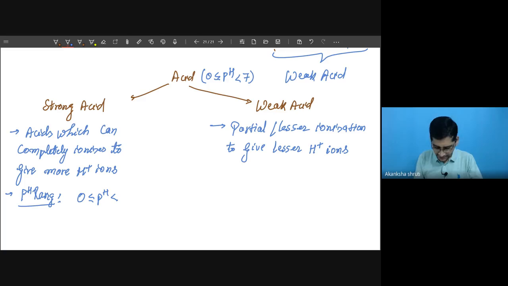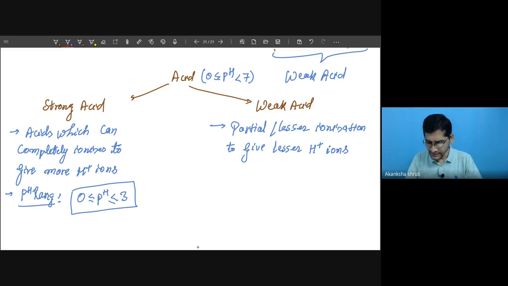But out of this 7, if the pH is lesser than 3 or lesser than or equal to 3, then it is in the category of a strong acid. And above 3 but lesser than 7, that is in the category of weak acid.